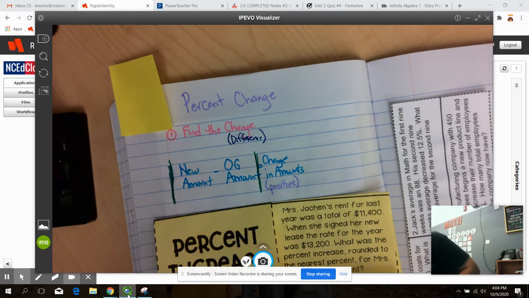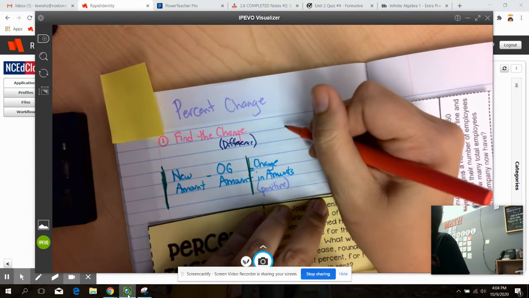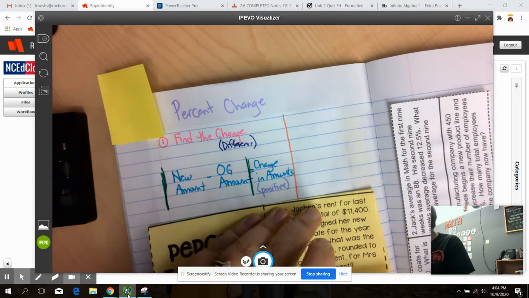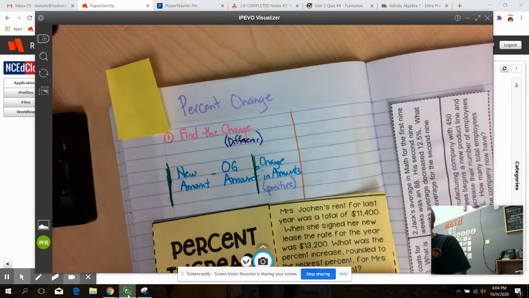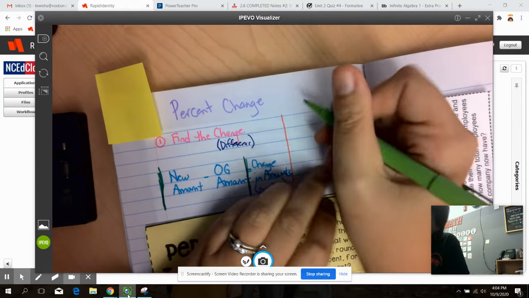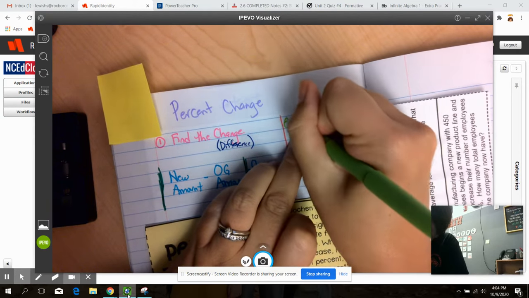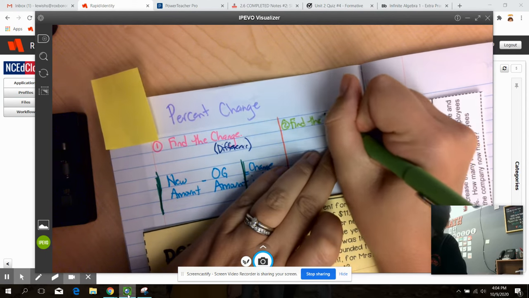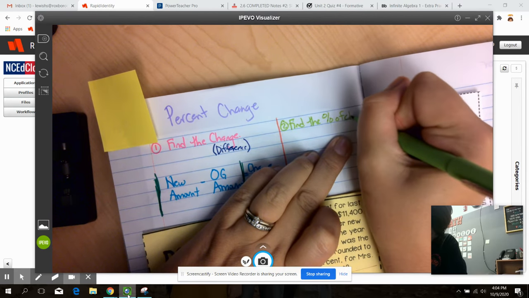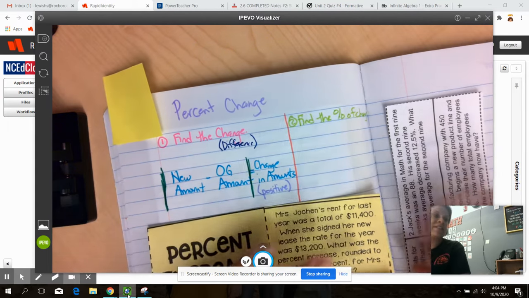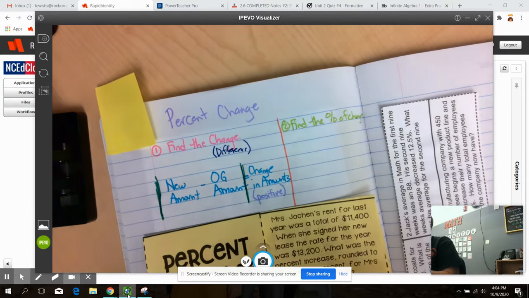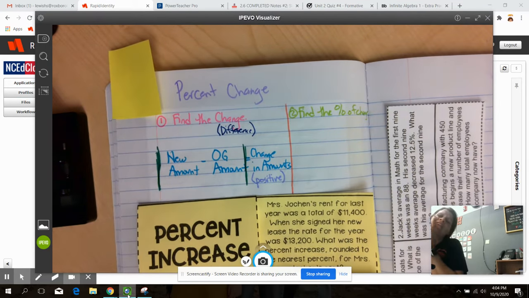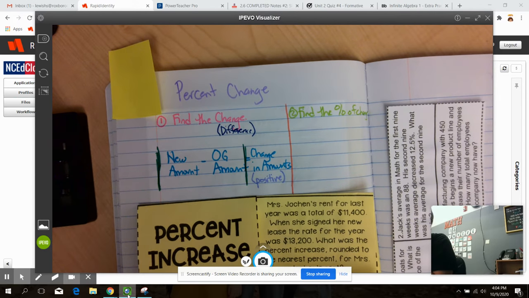The second step is we are then going to find the percent of change. We can do this two different ways. Yay, we're back to getting to use the proportion again.